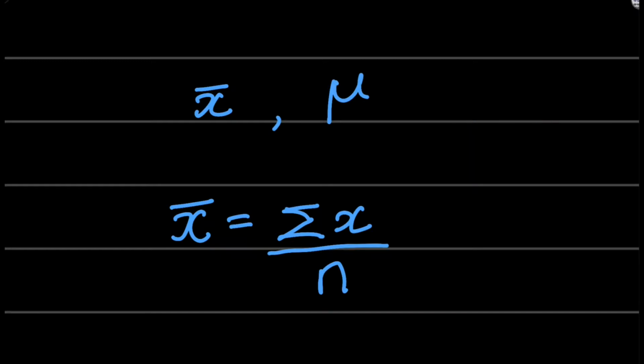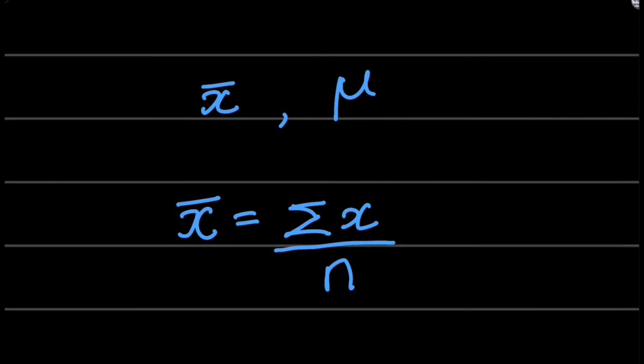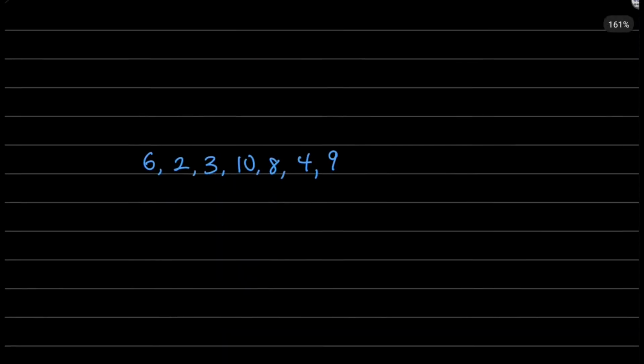So for summation, we are simply adding up all the x values and dividing by n. N here would be the number of values you have in that data set. So n would be your sample size or your population size, that is the number of values that you have.